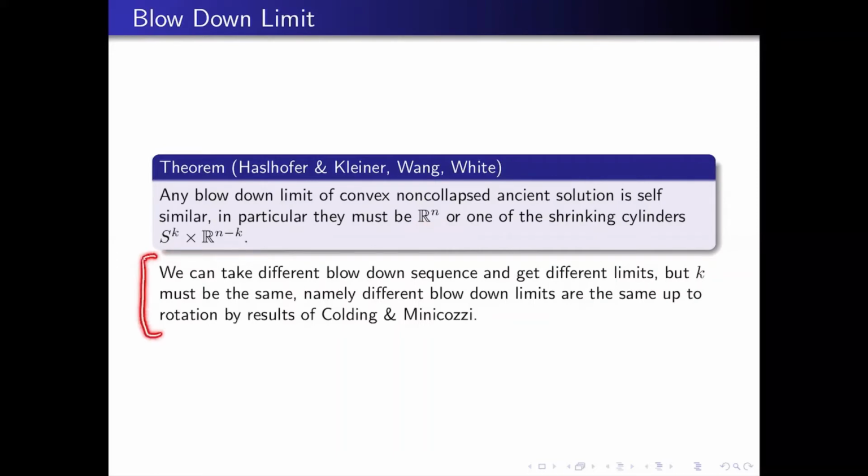A priori, we can take different blow-down sequences and get different blow-down limits, but it can be shown that these limits are actually unique up to a rotation. Because of this special structure of the cylinder, this is equivalent to saying that k is the same among all these limits. This could be shown by an entropy argument. You can see some results by Choi and Mantoulidis.